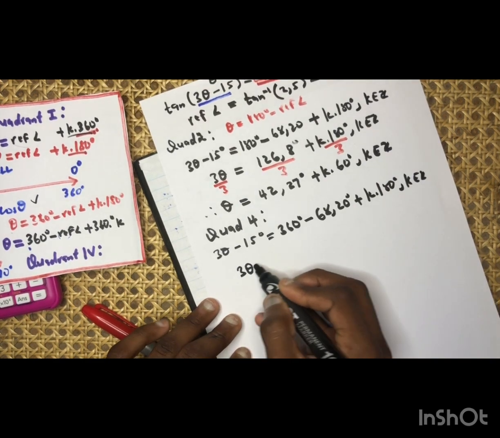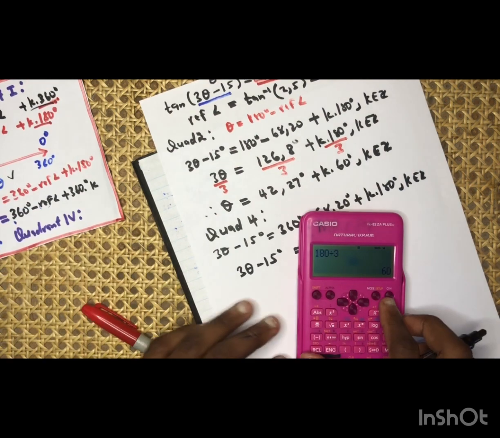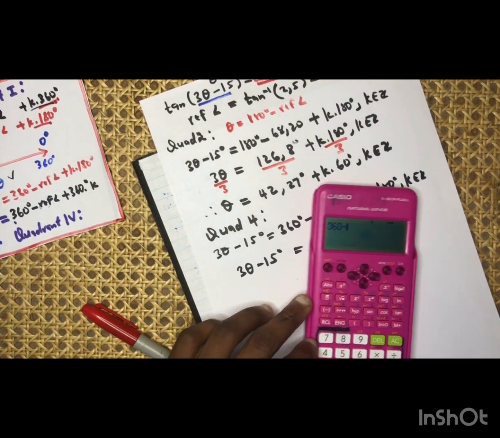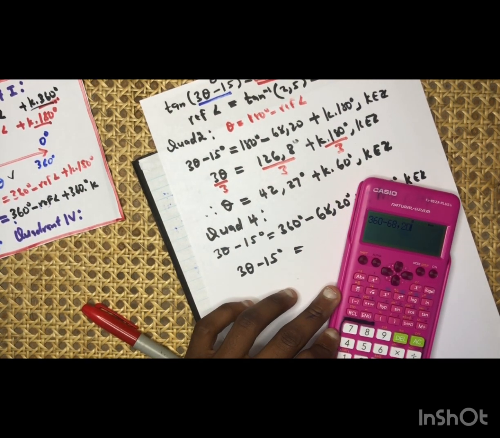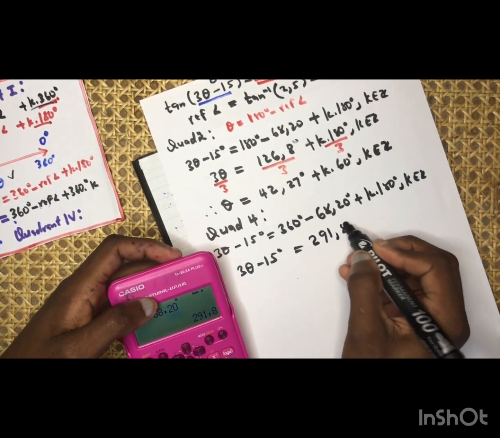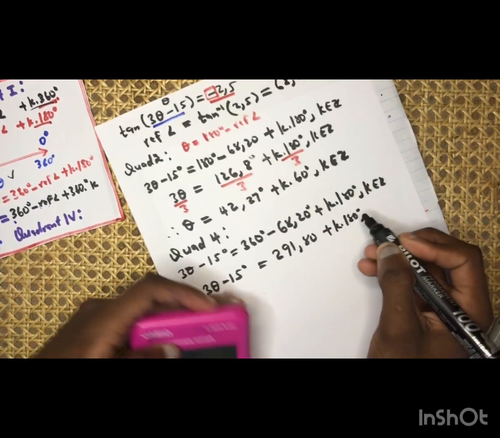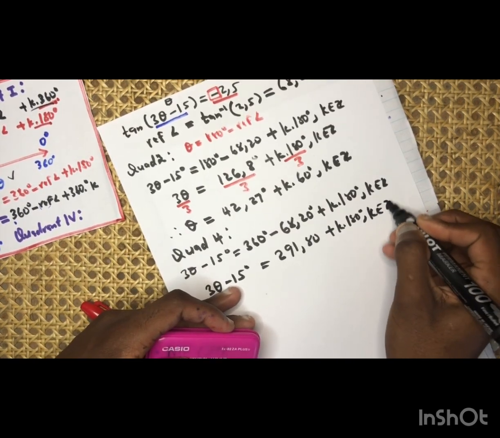So if you say 360 minus 68,2, what you have is 291,80 plus k times 180 degrees, where k is an element of integers.